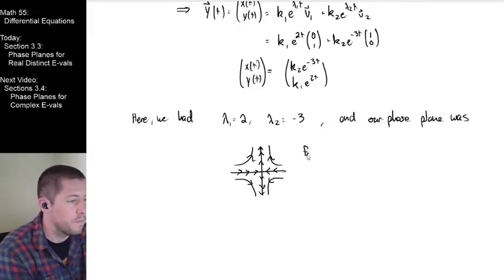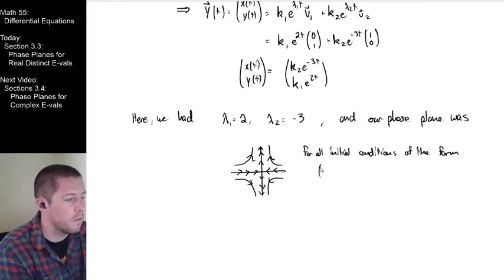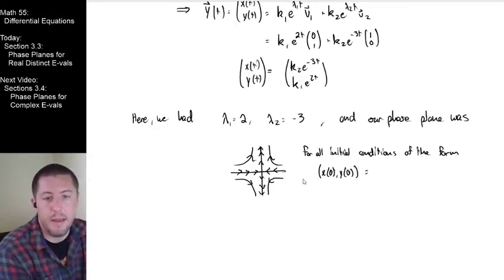For all initial conditions of the form x0, y0, right? Initial condition, so at time 0. I want to make a statement about the x-axis values.